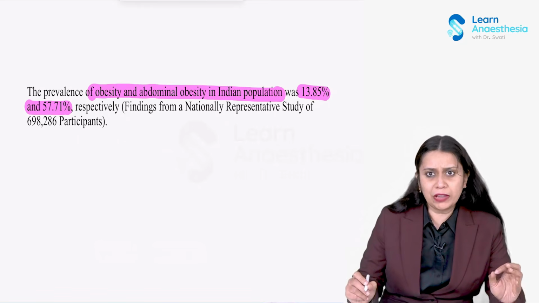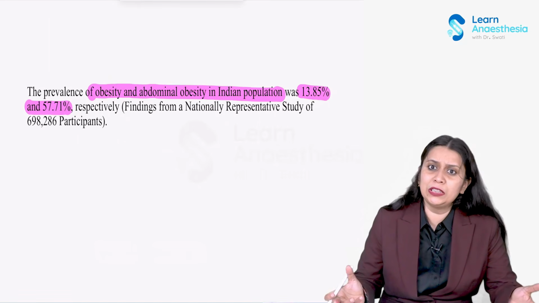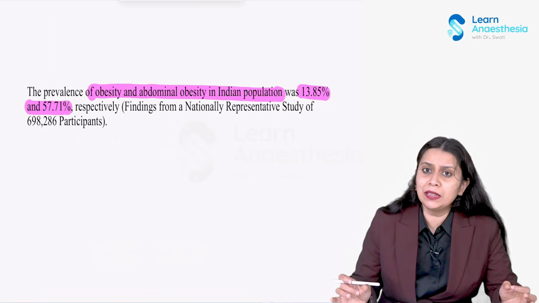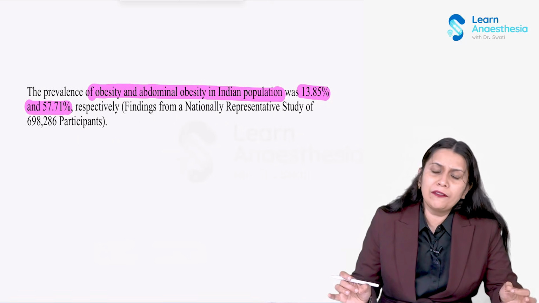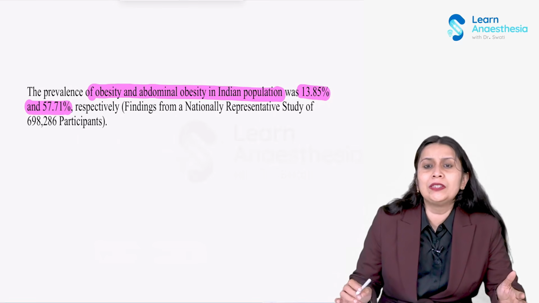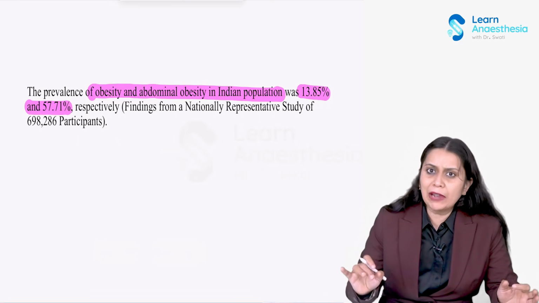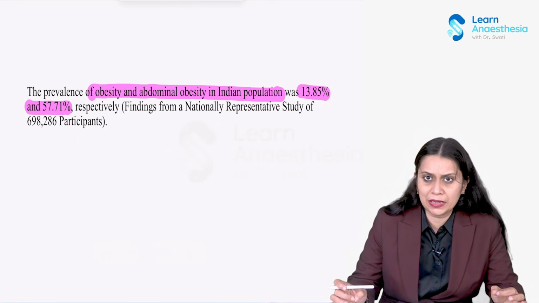So definitely in your routine anesthesia practice, we will come across obese patients, and we should know how to manage them to minimize morbidity and mortality. Now, the older classifications of obese into super obese or morbid obese have become obsolete. I will discuss the classification which is based on body mass index.